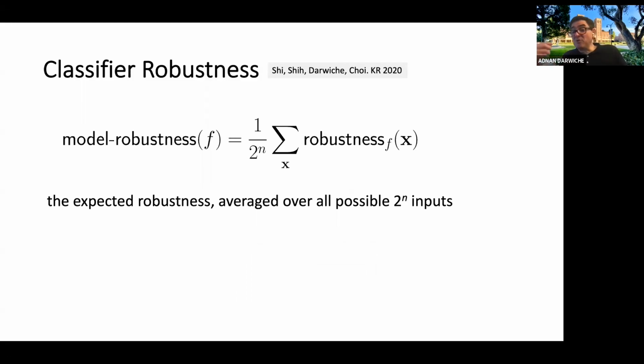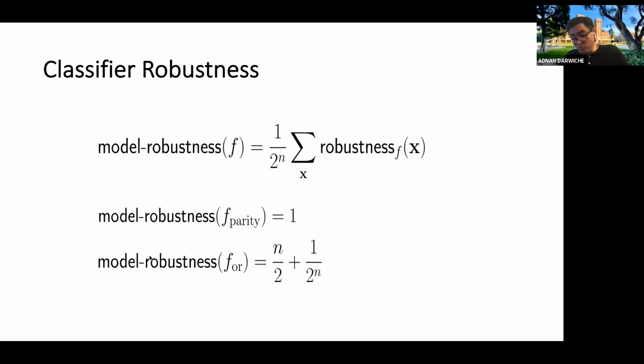And you can talk about classifier robustness in general by averaging over all its decisions. There are that many instances, and for each one of them, you compute its robustness and you average. If you're talking about Boolean functions, the parity function has very little robustness. It's 1: you flip one input and the output changes. The OR gate has a high robustness.